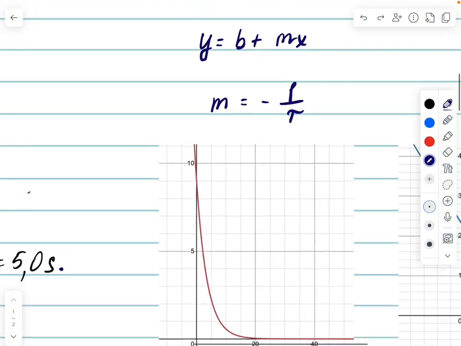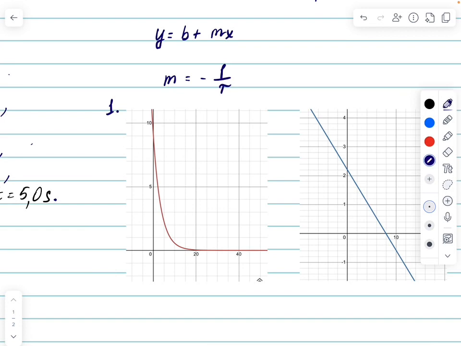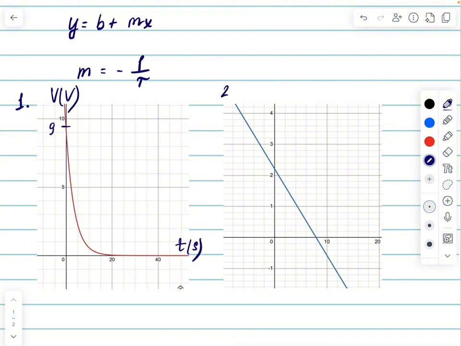And also I add two graphs. The first graph shows the physical behavior of the capacitor voltage over time. So it starts at 9 volts and decreases exponentially towards 0. And the horizontal axis is the time in seconds written as t, and the vertical is V. About the second graph, the second graph is more useful for calculations, and I plot ln V versus time.